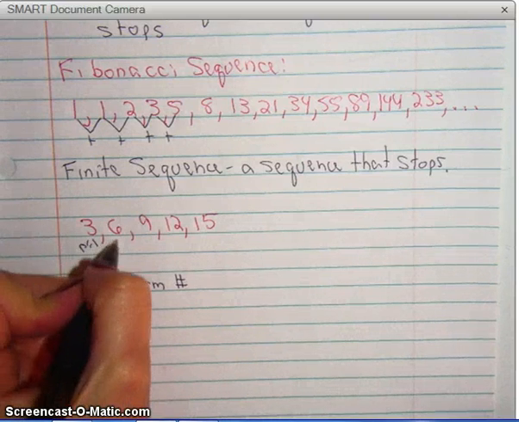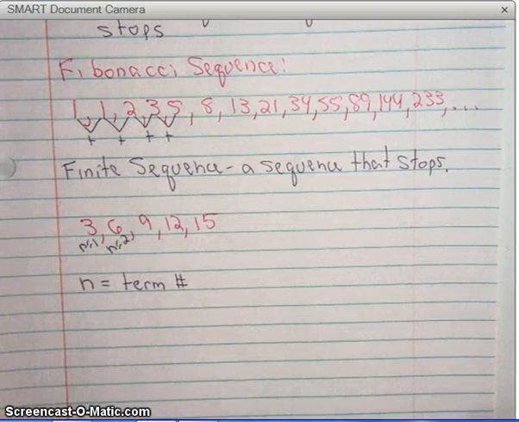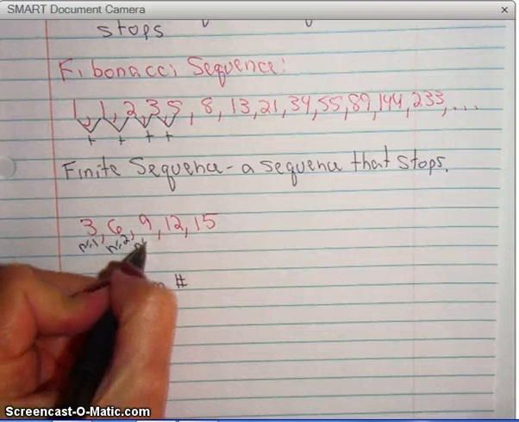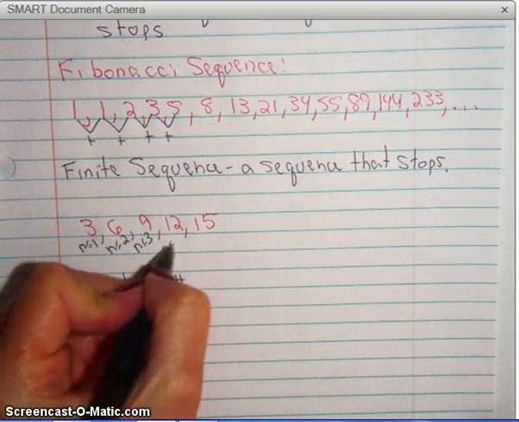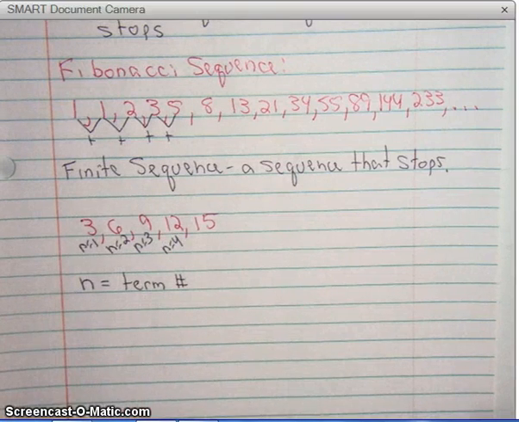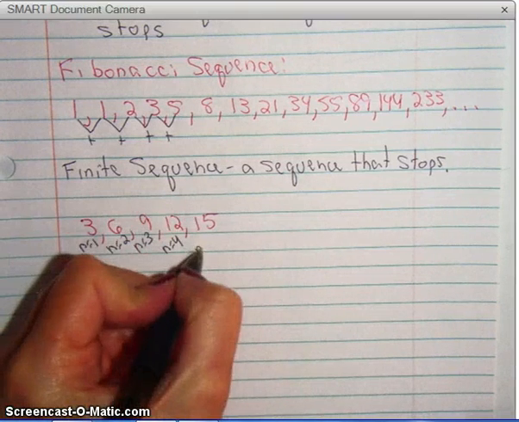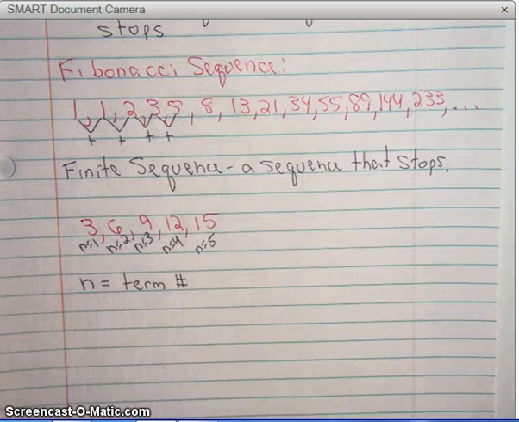Second term, n equals 2. Then n equals 3. Then n equals 4. Then n equals 5. Now, stop there. Does that make sense? So every sequence has a term number, okay?